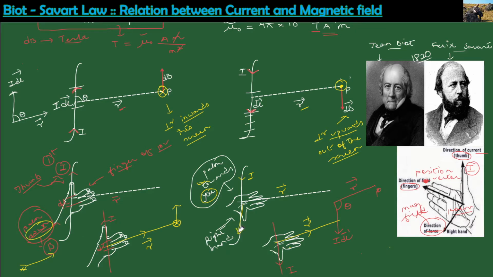So this dB will be out of the board, or out of the screen, so it will be represented by a dot. This is the right hand palm rule to find the direction. In this case, the angle between I DL and R is this small angle over here below, I will rub this one.